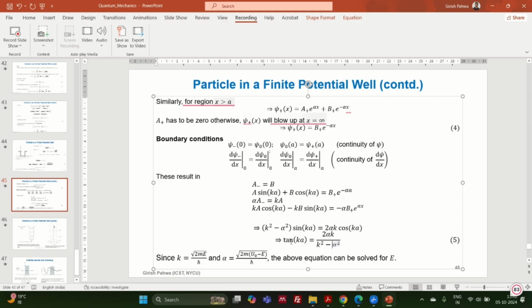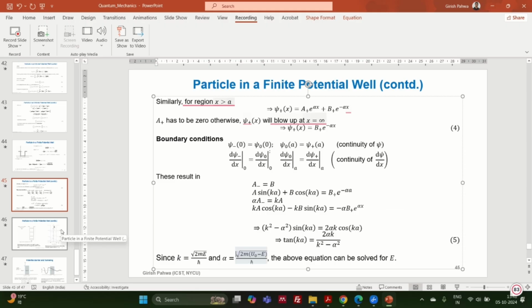So you had discrete values, but the number of eigenvalues was infinite. Here you will see that this is an equation which is going to give you only a finite number of energy values depending upon the dimension A and this U naught.